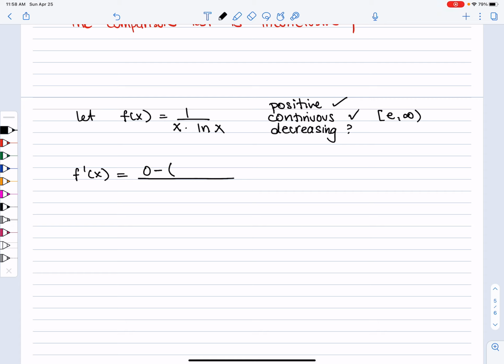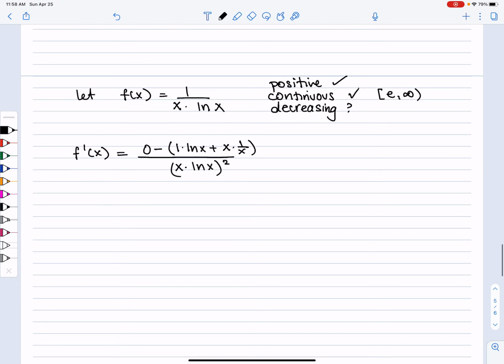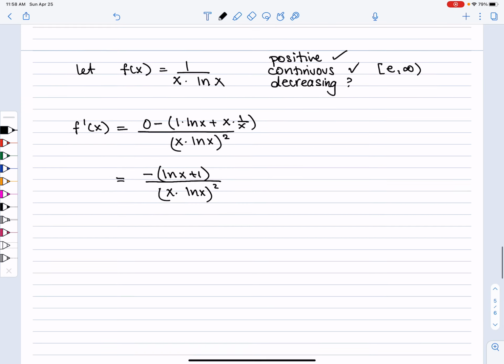We're applying the product rule there. So we have 1 times ln of x plus x times 1 over x times ln of x to the second power. So here we have negative ln of x plus 1 in parentheses over x times ln of x to the second power.